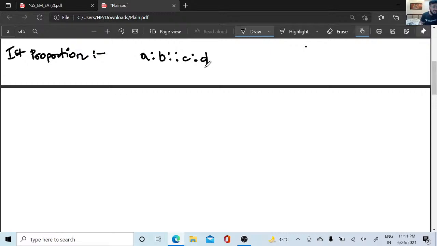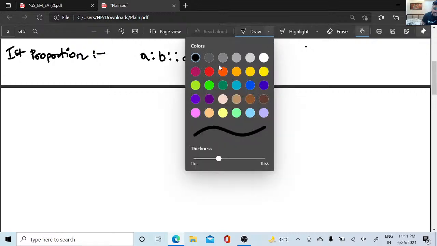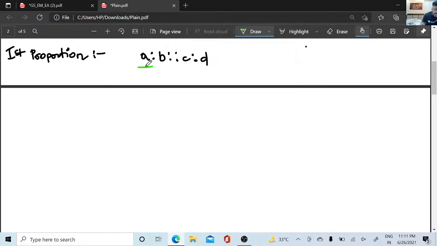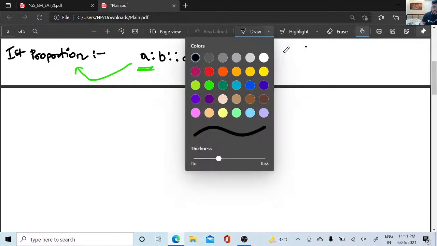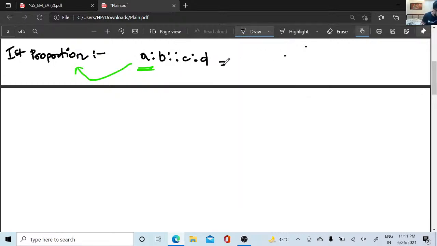In this proportion, the A here is nothing but my first proportion. If I give you a small example, A is to 2 is to 2 is to 3, how do you write it in a proportional basis?